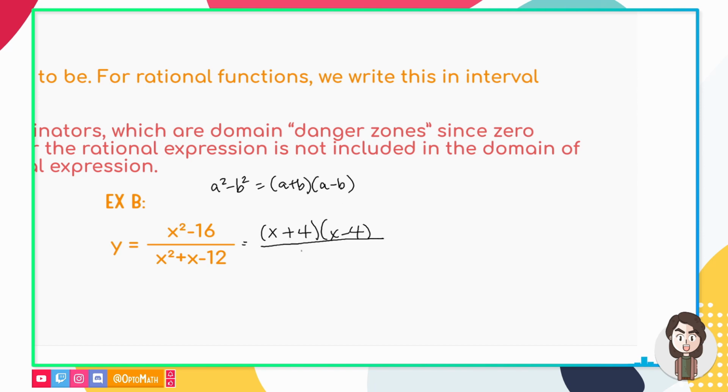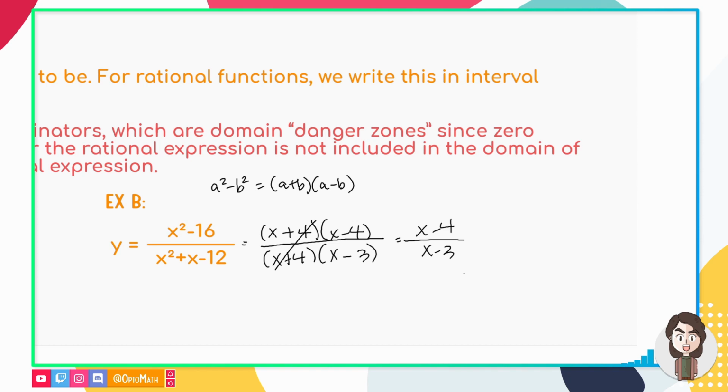Now let's factor our denominator. Factors of -12 that add to 1. That's going to be 4 and -3. So we see that we do have a factor that simplifies to 1. So our final simplified version is x minus 4 over x minus 3.